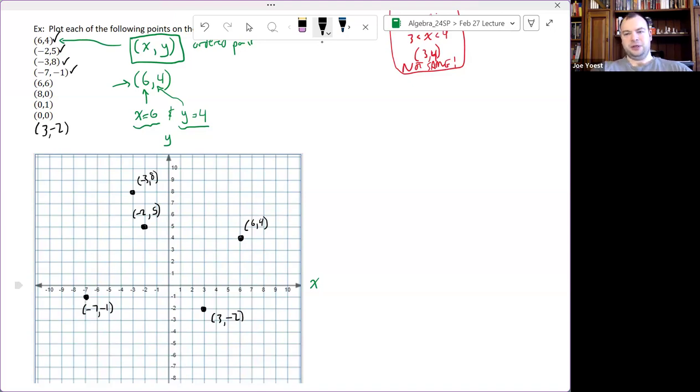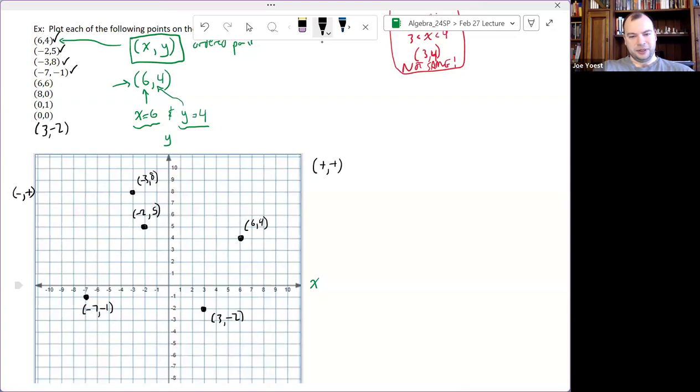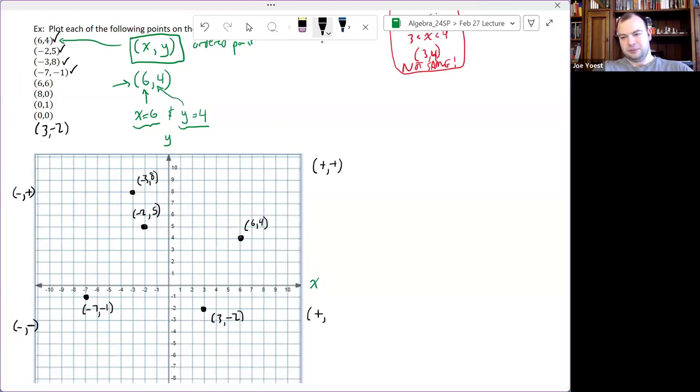So I noticed that points in quadrant 1 are associated with +x and +y. Points in quadrant 2 are associated with -x and +y. Points in quadrant 3 are associated with -x and -y. And in quadrant 4, +x, -y.